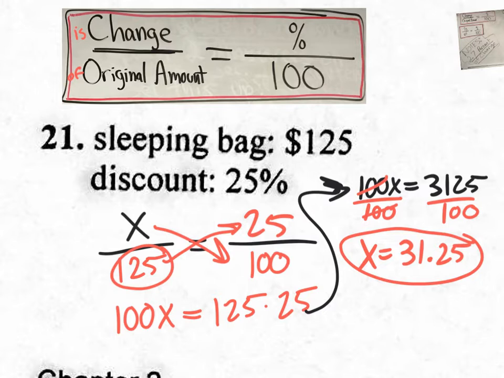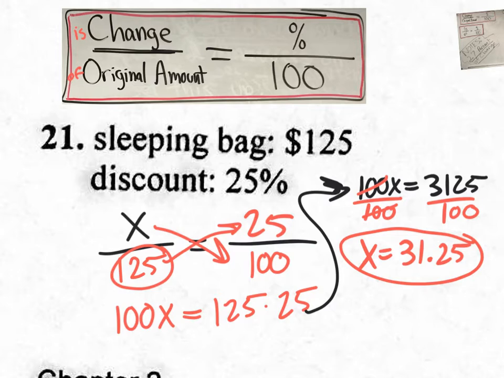So if you wanted to actually find your out-the-door price of that 125, you would have to subtract the discount of $31.25. As a matter of fact, if you really wanted to find the out-the-door price at a store that you're legally buying it from, you'd have to calculate taxes as well. But there are none on the homework right here where you have to actually calculate taxes. They just want you to find the discounted price.